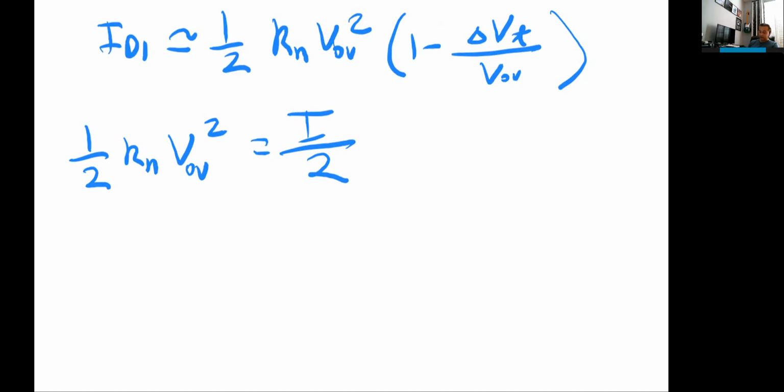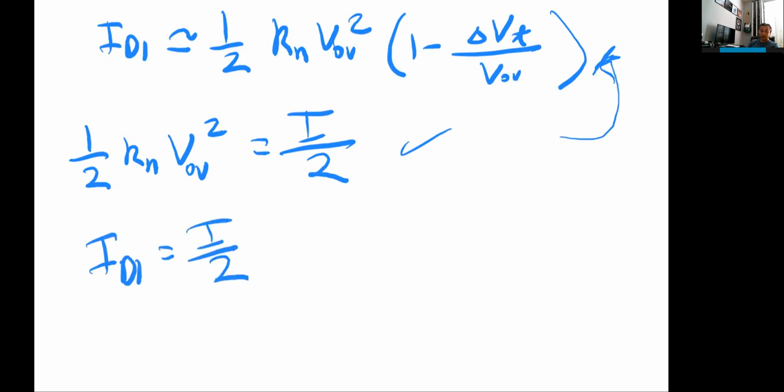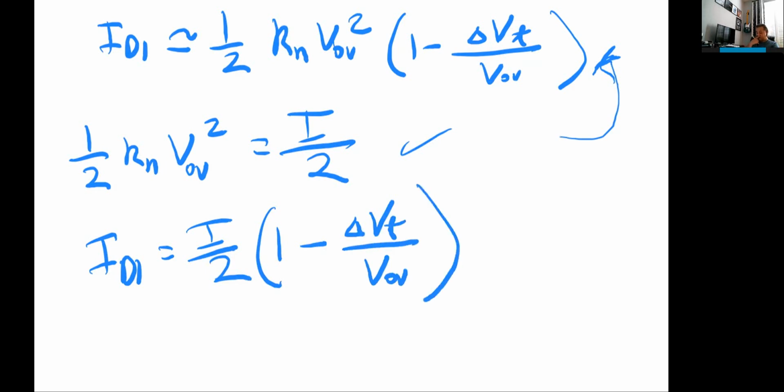So if I put this expression into here, ideally, I want this quantity, which intuitively makes sense. I want the drain currents just to be exactly 1/2 of the bias current I.